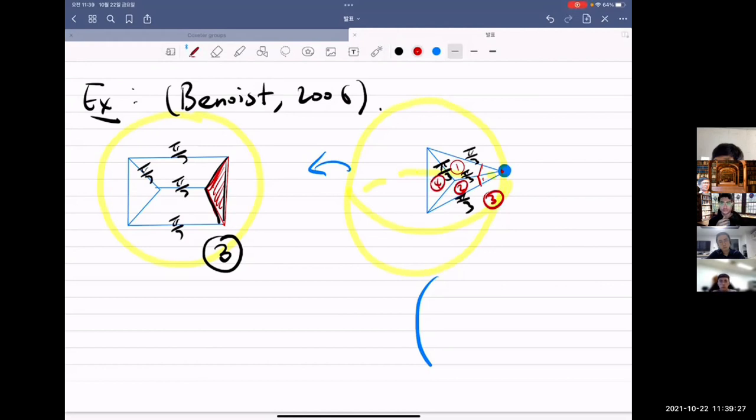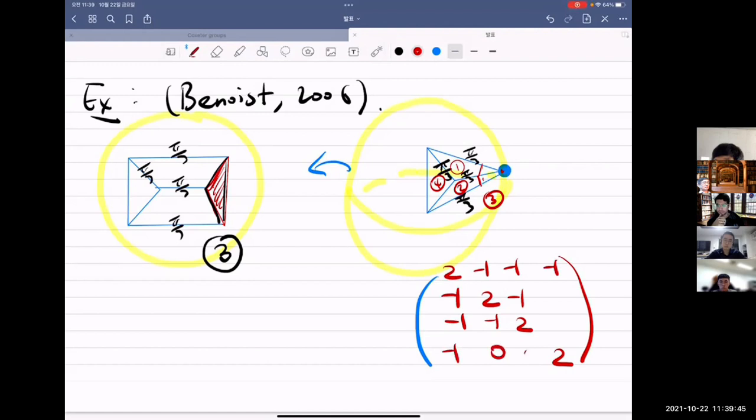Then 2, 2, 2, 2, and then -1, -1, -1, -1. And then 3, 1, and 4 here, and everything else is 0, isn't it? Does it make sense? It makes sense. Yes, exactly. So this is the corresponding Cartan matrix, which is symmetric.